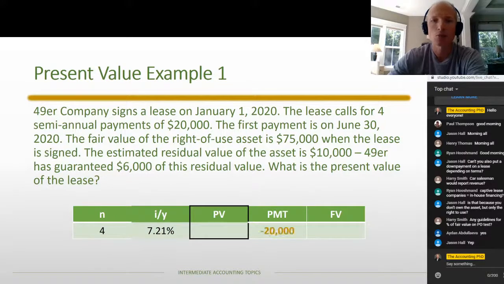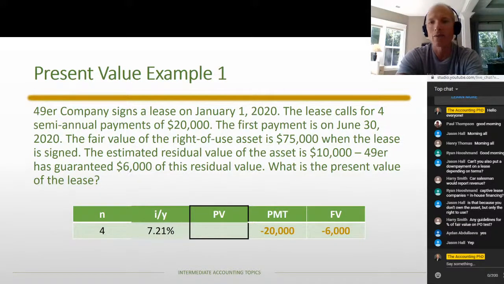From the lessee's perspective, they are making $20,000 payments, and so that's a negative cash flow from their perspective. And the FV, instead of being 10,000, they're only required to basically guarantee $6,000. So from their perspective, they have this economic obligation at the end of the lease of $6,000.